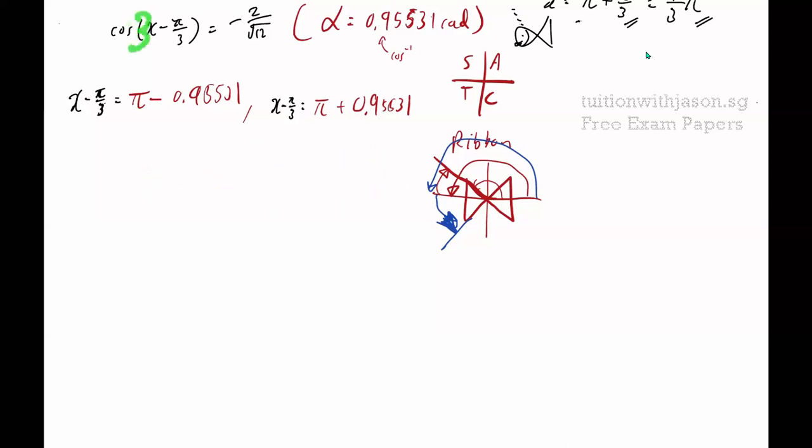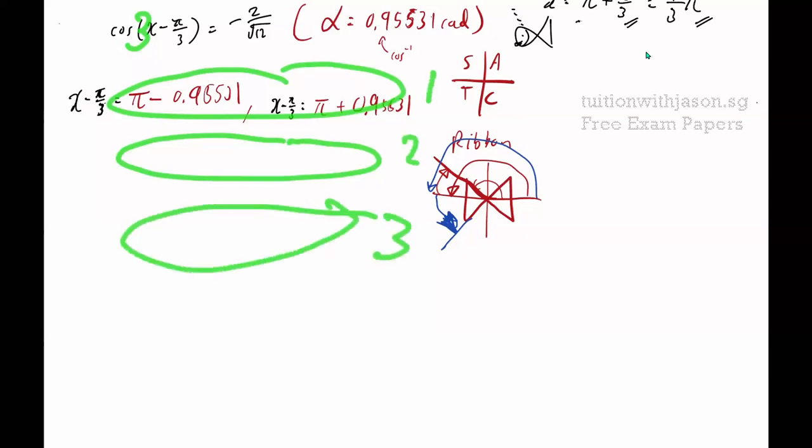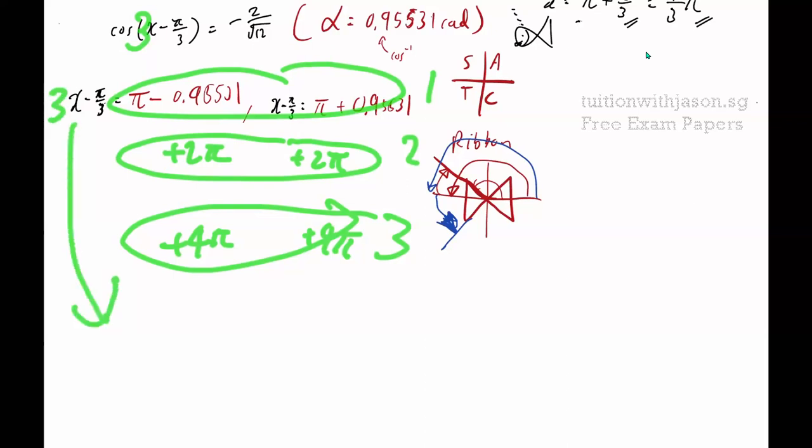What happens if it's 3x then? How many pairs of answers do we have? Just now 2x got 2 pairs, so 3x gets a third pair. So you have to add 2 pi here, and then add 4 pi there. Then after that, you bring the constant over, add the pi over 3, then divide by 3, and so on.